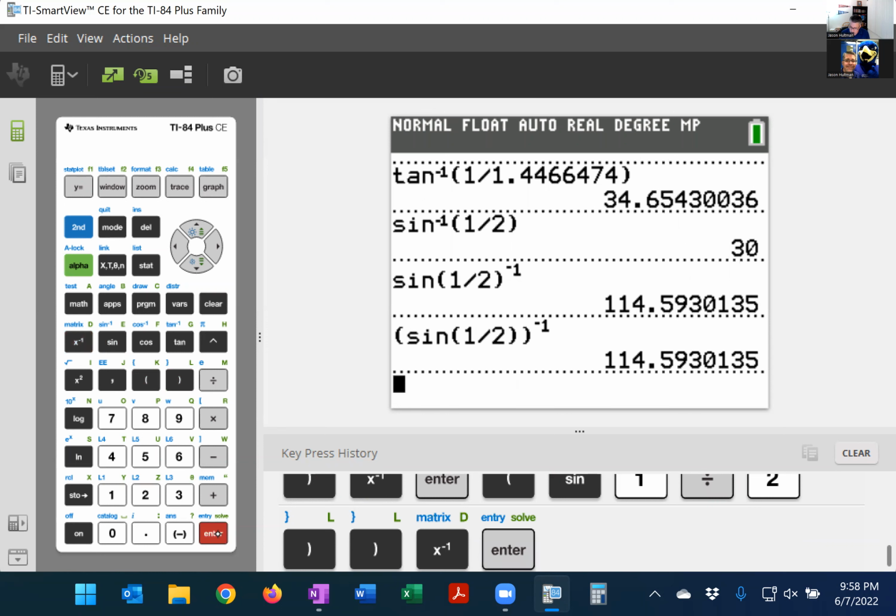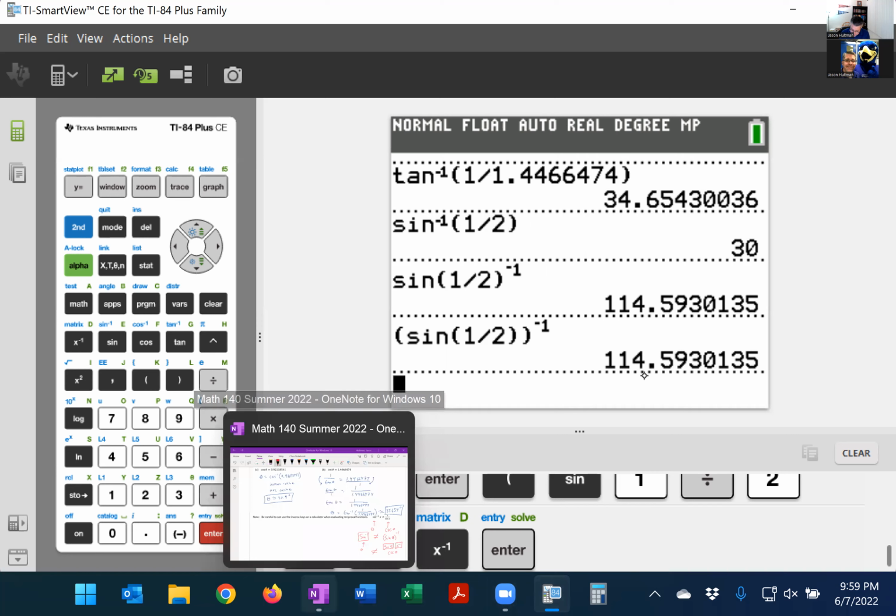So the cosecant of 1/2 is 114.59. So one is the arc sine, which gives you an angle, and the other is the cosecant of 1/2. So don't get those confused.